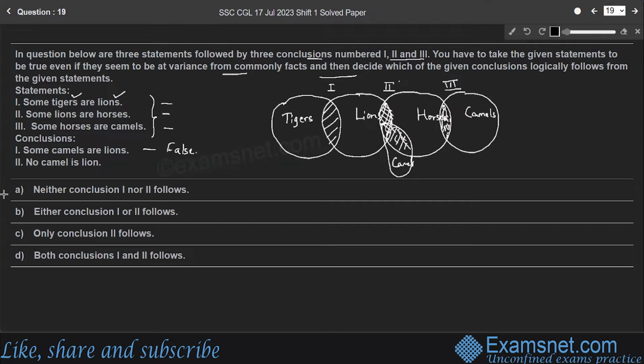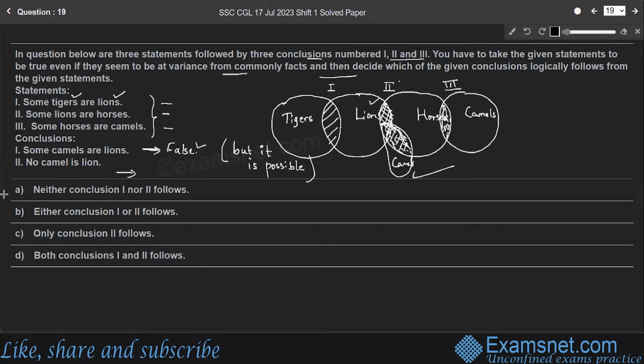And this portion is included in the set of lions also, because in the set of lions, the horse portion is already included. If I draw it like this, the first conclusion is true. According to the statements it is false, but it is possible under the condition I have explained, if I draw the set of camels like this. Otherwise, it is a false conclusion.